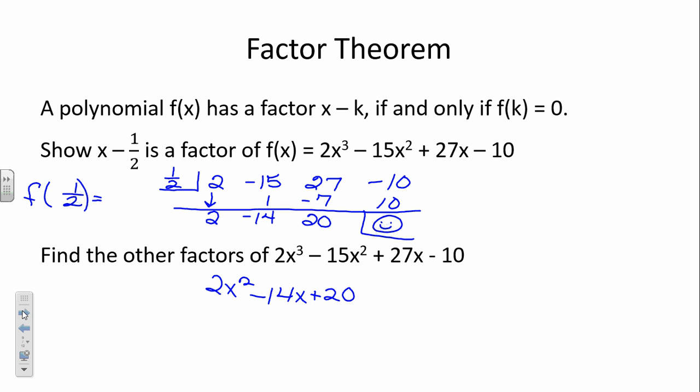How do we factor something like that? Yeah, GCF. They all have a what in common? So 2 times x squared minus 7x plus 10. Okay, now how do we factor x squared minus 7x plus 10? Or can we?